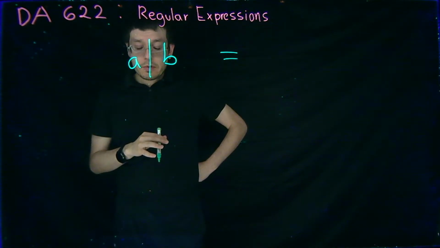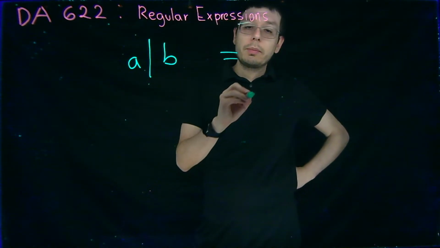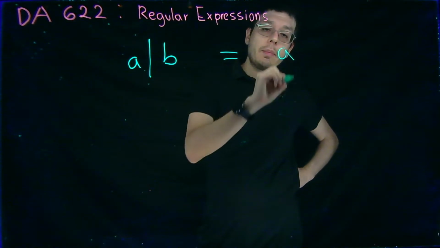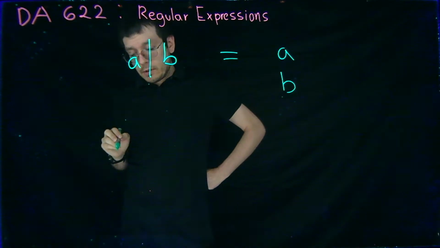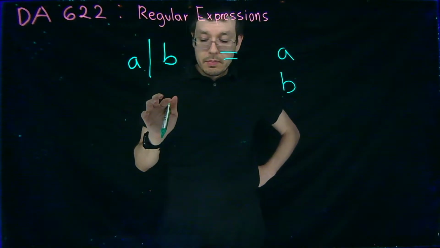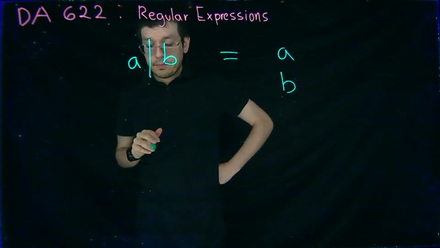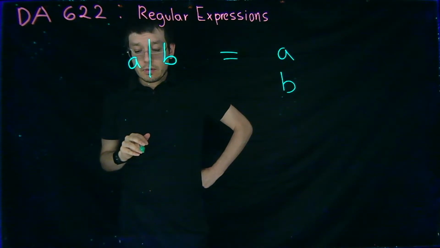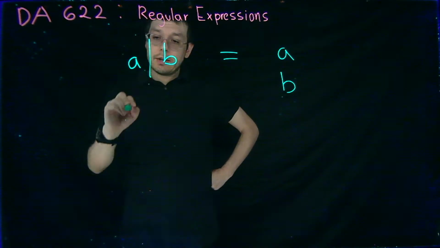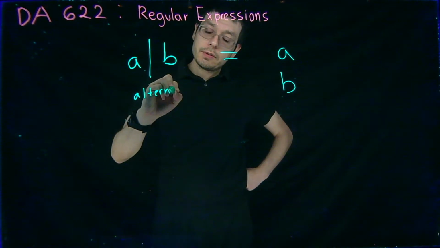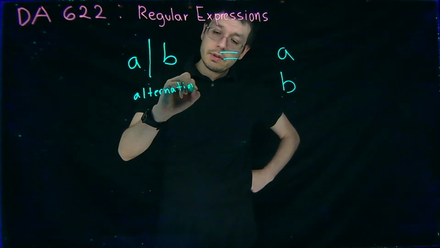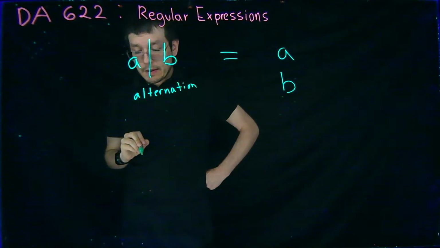So if this is my rule, it means that I could either have the output be an A or the output be a B, okay? But I cannot have both being in there, okay? So another term for that, if you look at Wikipedia, would be alternation. I think that's a more formal definition of that.